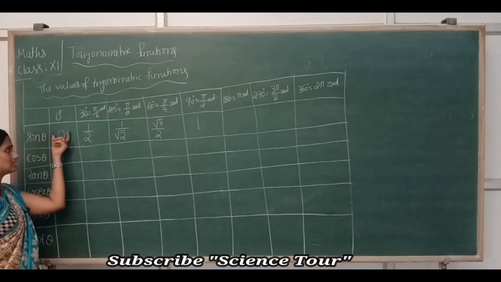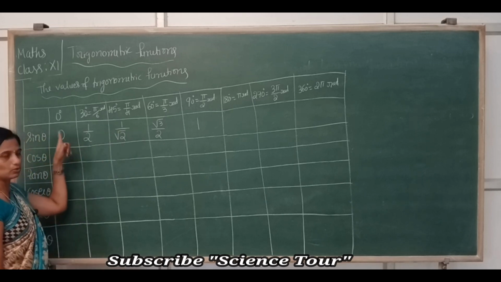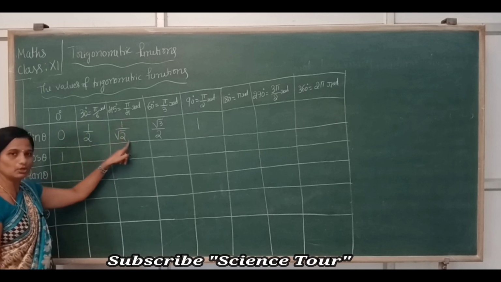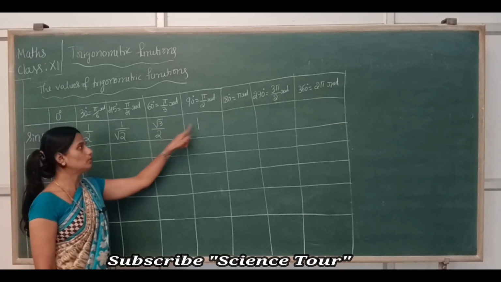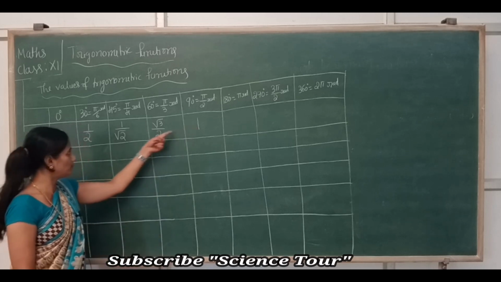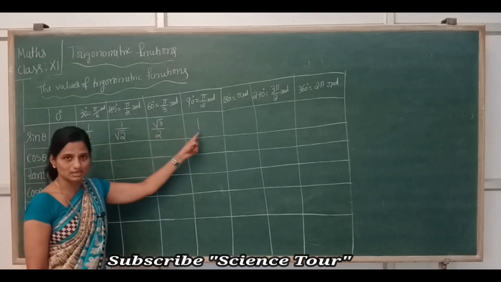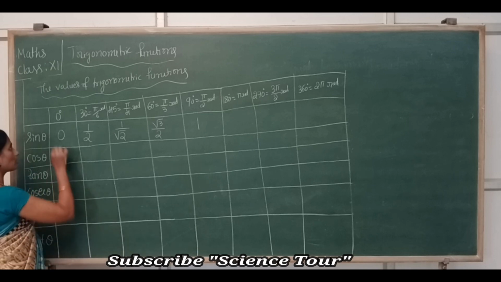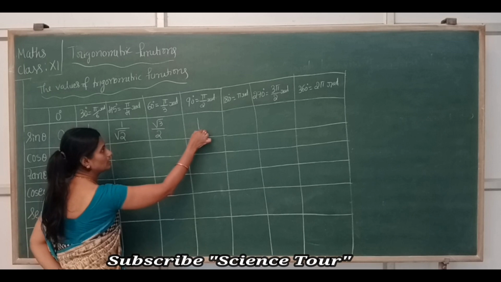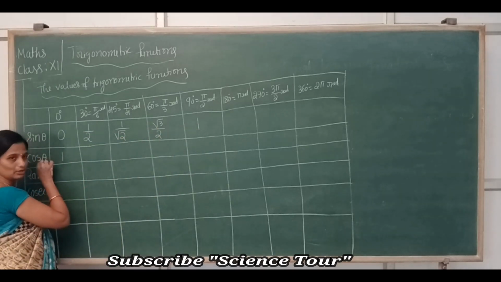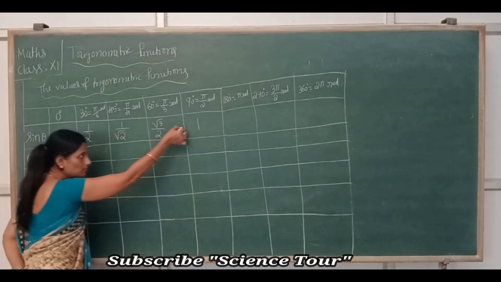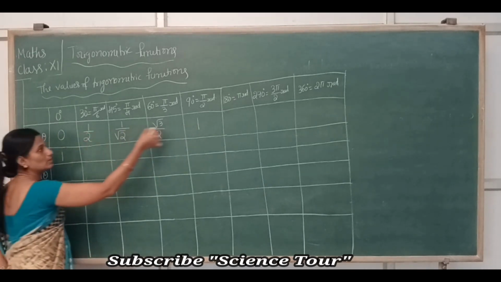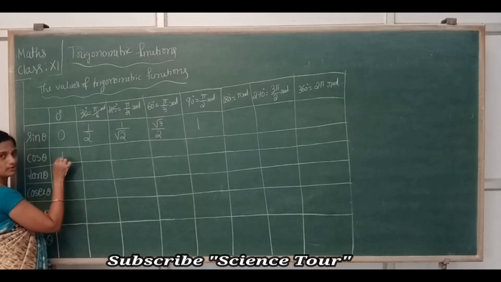Just remember first this value, that is 0, 1 by 2, 1 by root 2, root 3 by 2, 1. Now by referring to the sine values, you can write the cos, tan, cosecant, secant and cot. No need of by-hearting these values. So now what is your cos 0? Write it from here. So now cos theta values are taken from the reverse direction. The last box is taken for the first box.